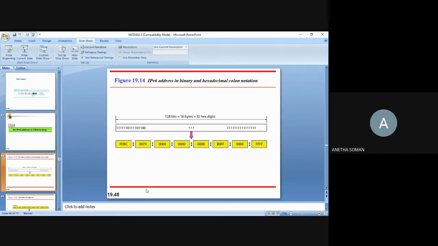Okay, so for hexadecimal, how many bits are you making use of to represent a hexadecimal number? Neeraj, how many bits? How will you convert a binary to hexa? How will you find the hexadecimal equivalent? Neeraj is there. Neeraj.